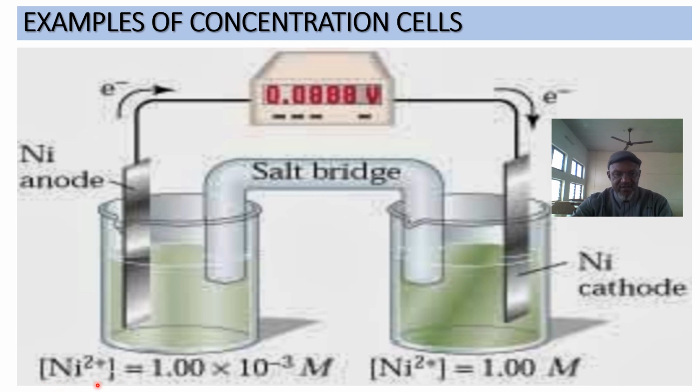But look, the nickel ion concentration here is 1.0 times 10 to the power minus 3, whereas here it is 1.0. So the difference in these concentrations will now make this cell a concentration cell. Our salt bridge, of course, is there, and the electron flows from the left hand electrode to the right hand electrode. This is an example of a concentration cell.